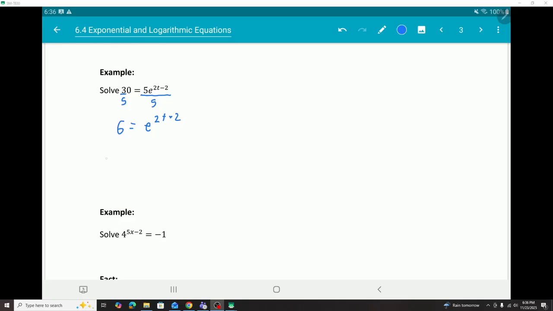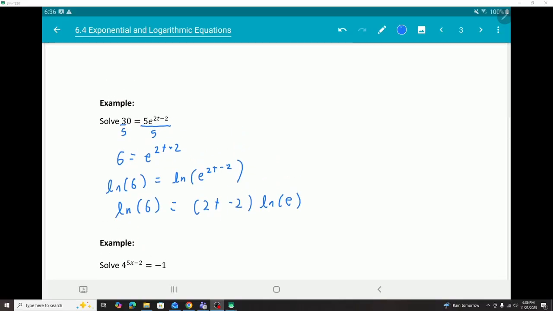Now I take the natural log of both sides, natural log of 6 equals natural log of e to the 2t minus 2. And now what happens? On the left, I get natural log of 6. Here I get 2t minus 2 times natural log of e.